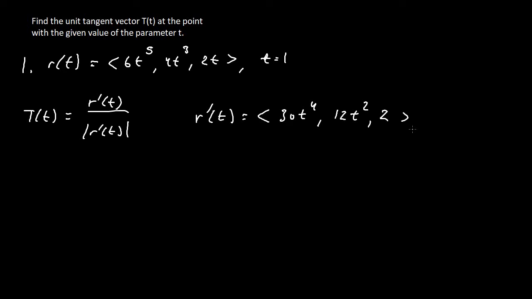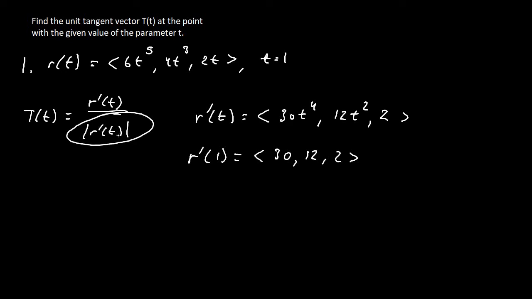Now we need to find r prime of t at the given value of t equals 1. So we can just plug in 1 for t. So r prime of 1 is going to equal, in component form, 30, comma 12, comma 2. Now let's find the magnitude of r prime.